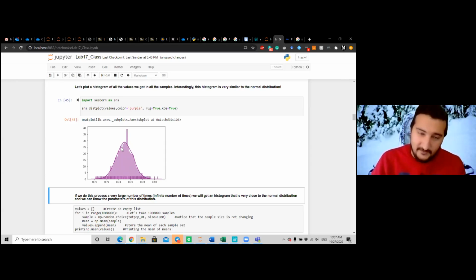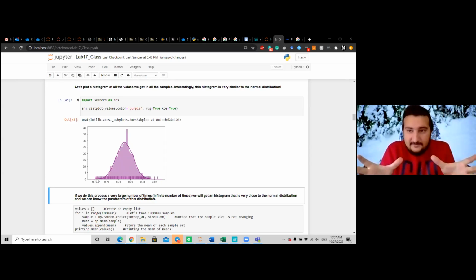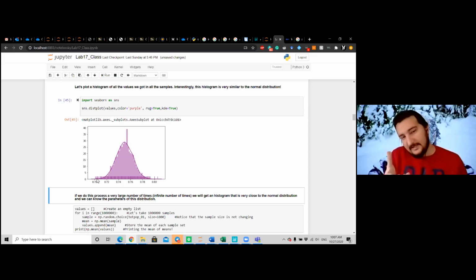So if you notice, we already said that our center is located at 0.75, but if you move 0.05 points to the right, you will be at 0.8, which is the endpoint on the right side, and then 0.7, which is the endpoint on the left side. The data spread from the mean or from the central location is equal to 3 times standard deviation on each side. So that's how Dr. Cleveland said that looking at this histogram, we can say that our standard deviation multiplied by 3 will be equal to 0.05.